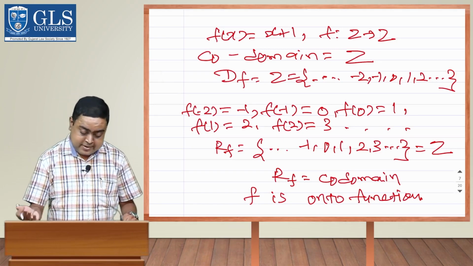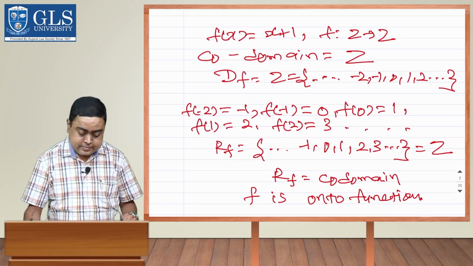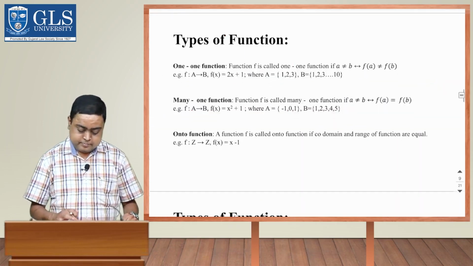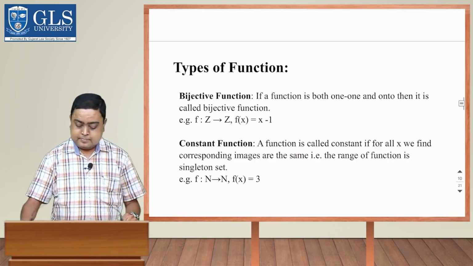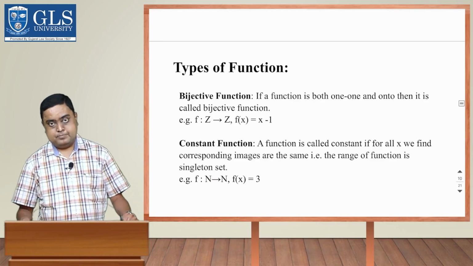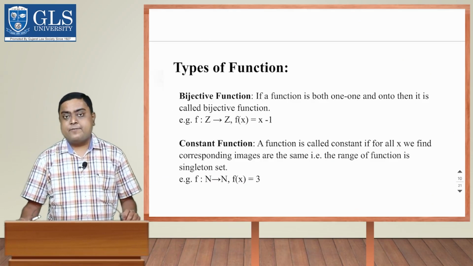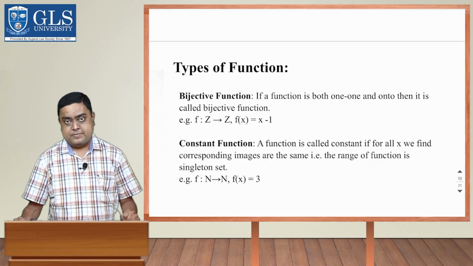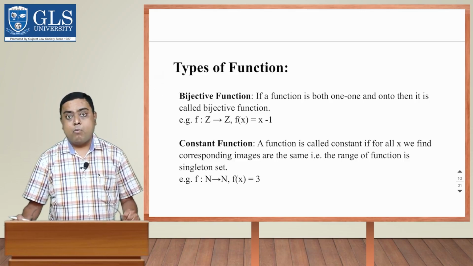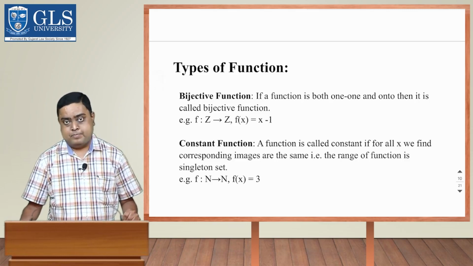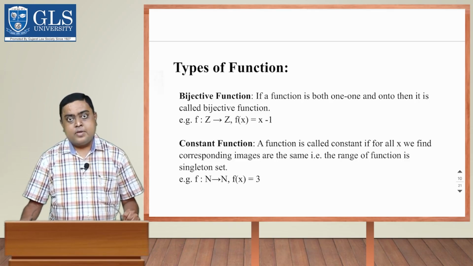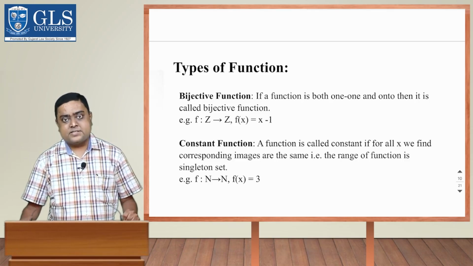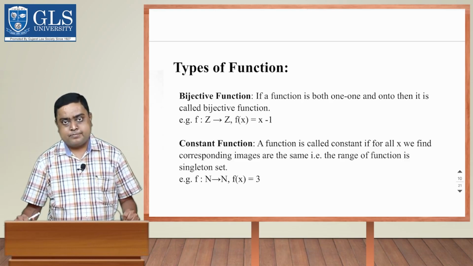Now let me take the next type of function, the bijective function. So friends, when we find any function which is one-one and onto both, then the function is said to be bijective function.